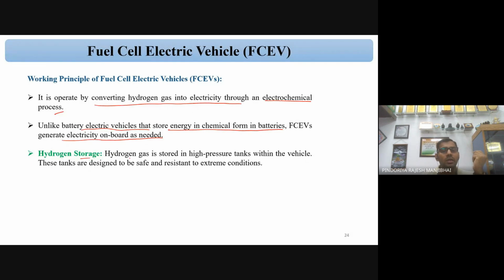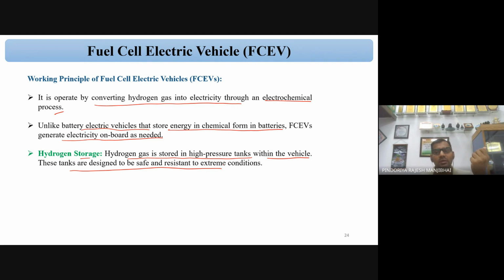Hydrogen storage. Hydrogen gas is stored in a high pressure tank. Yes, we can store it like LPG or CNG, at high pressure within the vehicle. These tanks are designed to be safe and resistant to extreme conditions. As I said in the beginning, hydrogen is very dangerous.